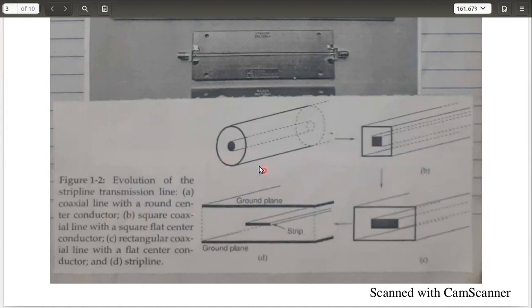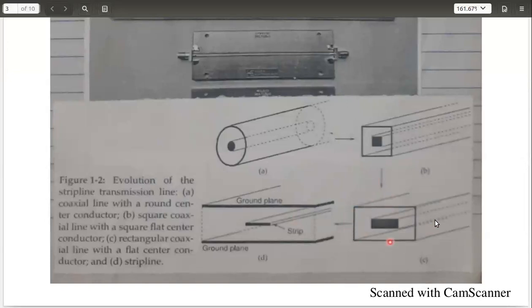That is the difference between figure A and figure B. Then you have the C, rectangular coaxial line with a flat center conductor. At the center you have a small strip, right? The difference between the second and the third figure is that it is rectangular in shape, and the central conductor is a small thin strip. You have a strip, and with this we have got the evolution of your strip lines.